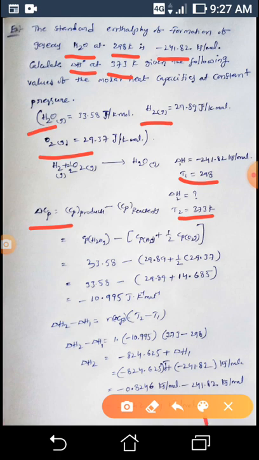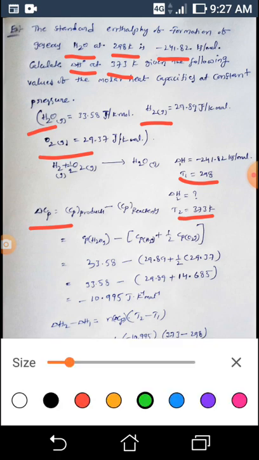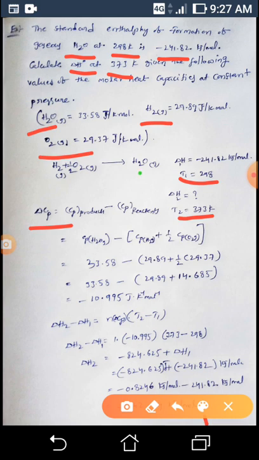Here the products are H2O in gas state, and H2 gas and O2 gas are the reactants. So ΔCp equals Cp of H2O gas minus Cp of hydrogen plus half mole into Cp of oxygen. Substituting the values, we get ΔCp as minus 10.995 joule per Kelvin per mole.